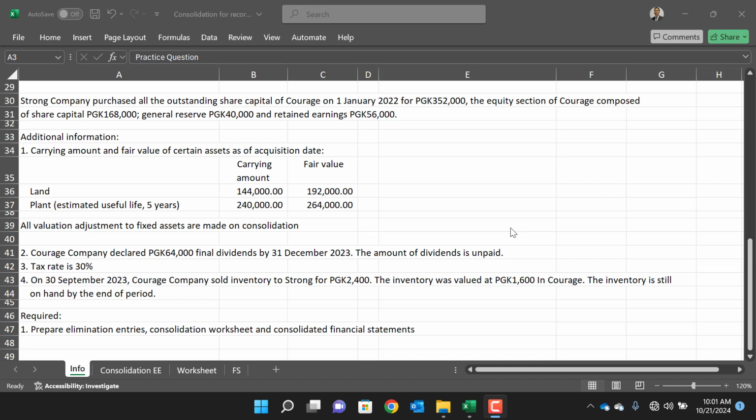The cost of that under Courage is 1,600 kina. All these inventories are on hand by the end of the period. We are required to prepare elimination entries, a consolidated worksheet, and consolidated financial statements.